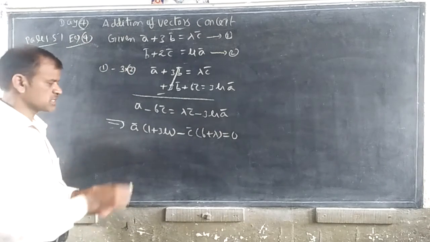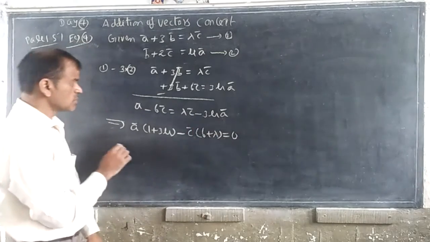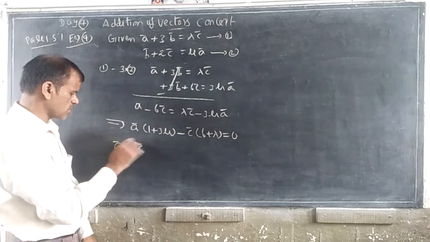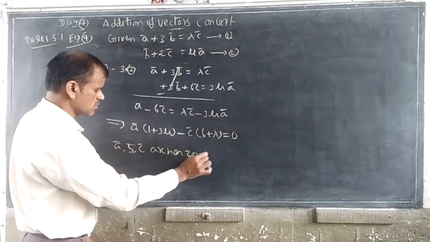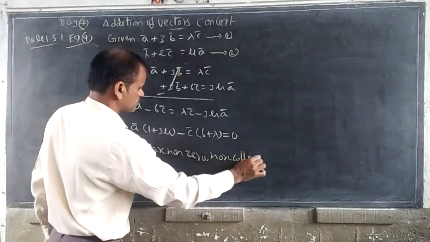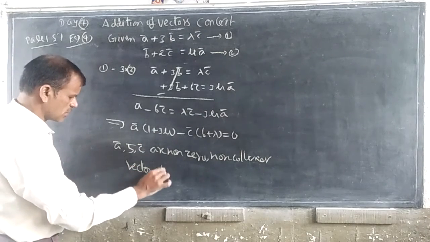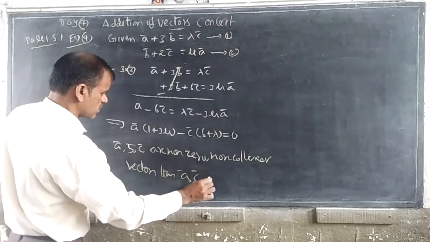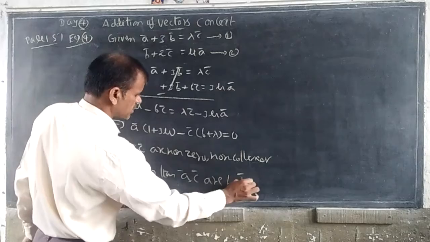This we can understand as A bar into L1 plus C bar into L2. Whenever it is given that the vectors A bar, B bar, C bar are non-zero, non-collinear vectors, then you can say that A bar and C bar are linearly independent.